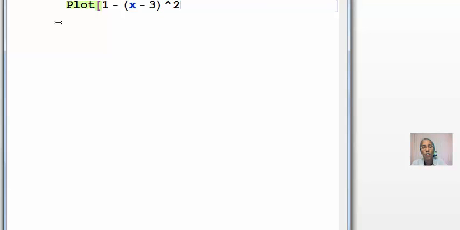So I put in the function 1 minus the square of x minus 3. And then I have to give a range on x. I'm just going to go from -10 to 10. If you're using a graphing calculator, that's like giving a window on the graph. This is the x window, so it gives the range of x's.